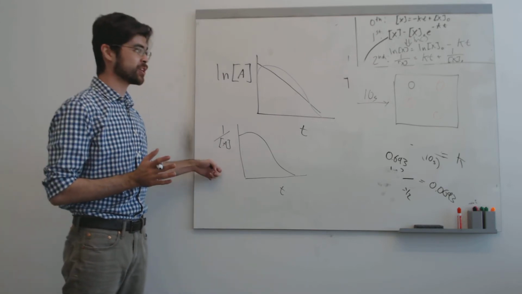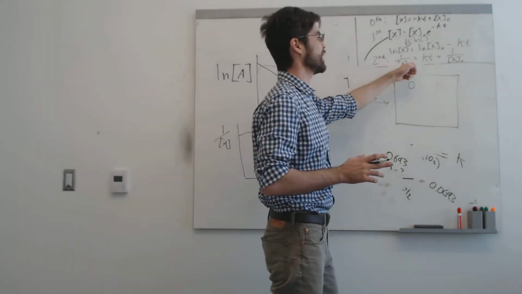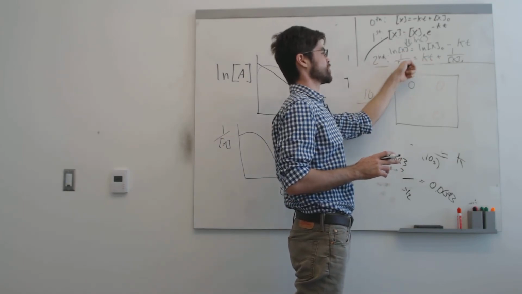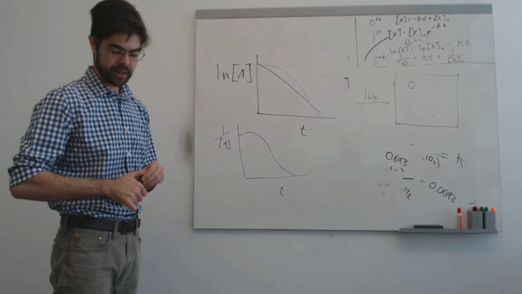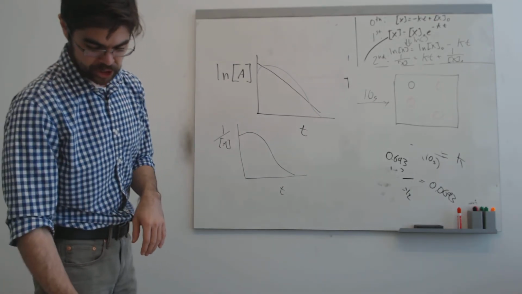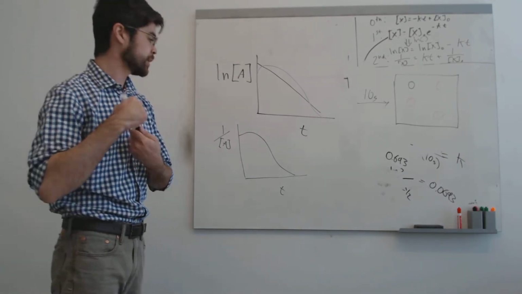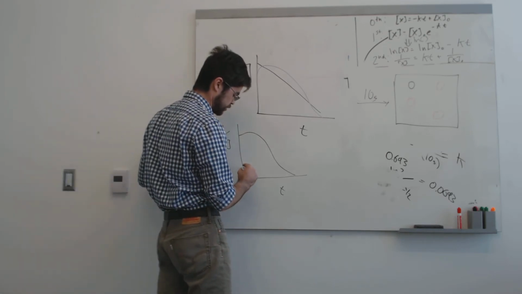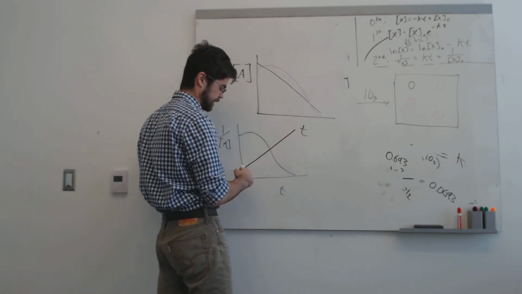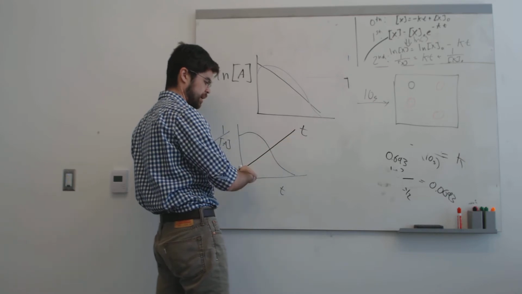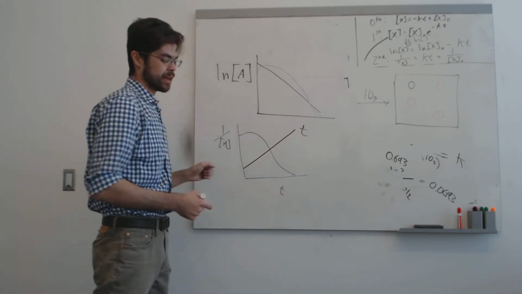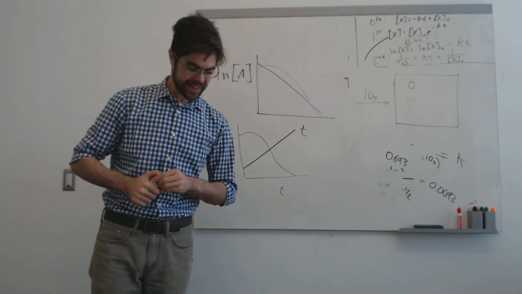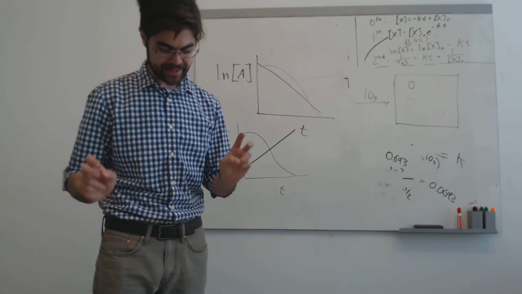Why? Because a second order reaction should have a linear dependence on the reciprocal of the concentration versus time. That would be characteristic of a reaction that follows second order kinetics. If it followed second order kinetics, it should look something like this. It should have a straight dependency on its reciprocal concentration versus time. So that's generally how you can identify it.